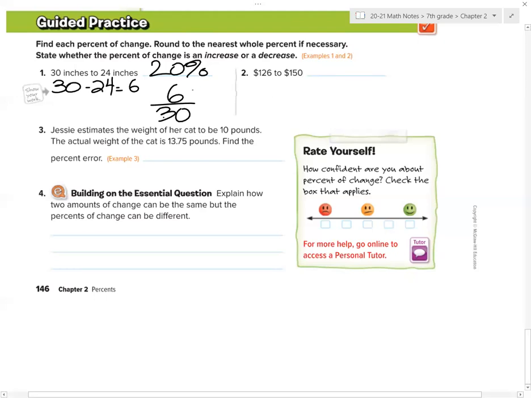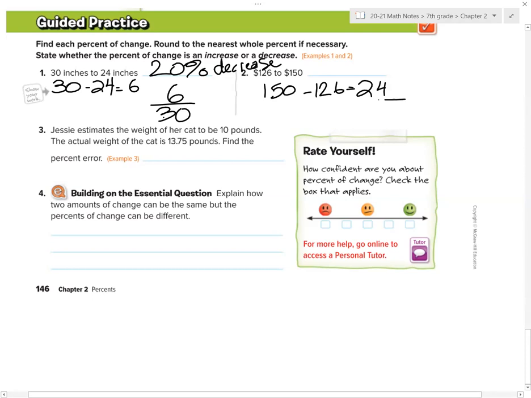For this one, that's a decrease. For this one, it's going to be an increase. You can tell if it's an increase or decrease right when you look at it.